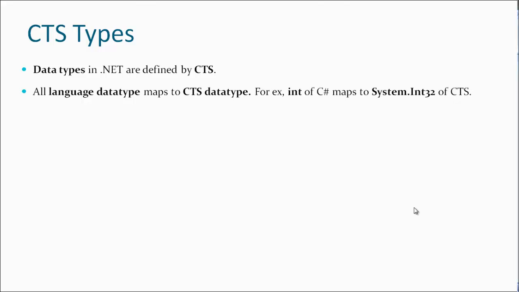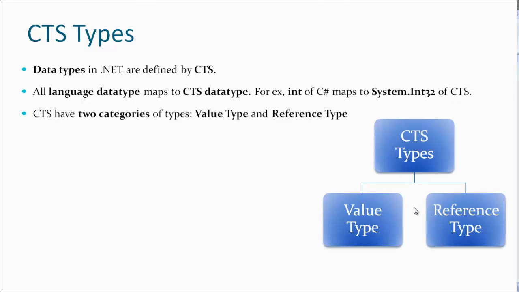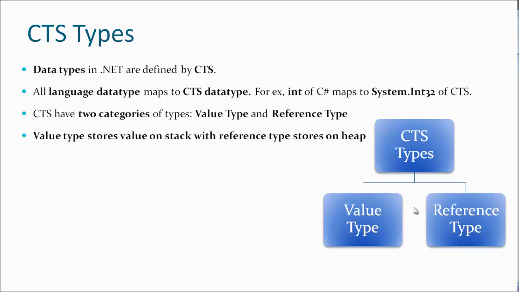For example, Int32 of CTS is mapped as int in C#, whereas Integer in VB.NET. These data types are categorized in two types, value type and reference type. Value types get created on the stack, whereas reference types get created on the heap and store references on the stack.